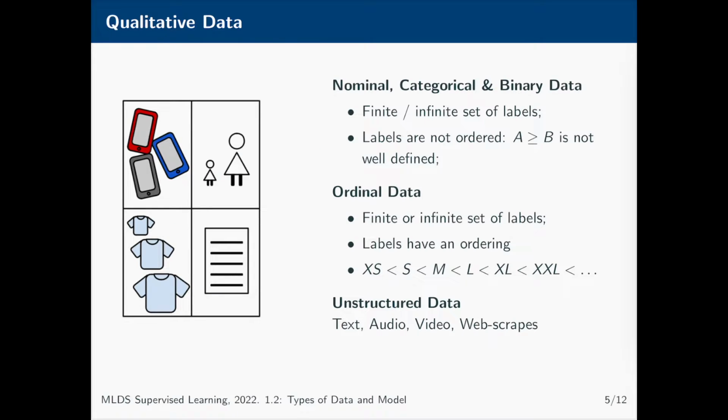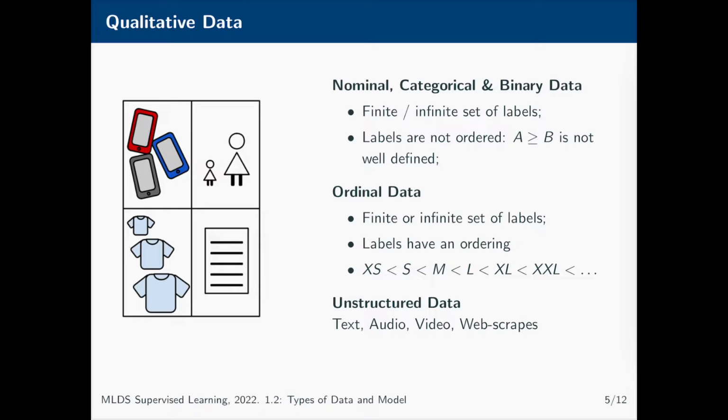So let's consider qualitative data in a bit more detail. There are several different types of qualitative data that we can consider. The first broad category of these would be nominal, categorical, and binary data. These have a finite or infinite set of possible labels, and the labels, importantly, aren't ordered. It doesn't make sense to say that label A is greater than or equal to label B in some sense. It's just not well defined.